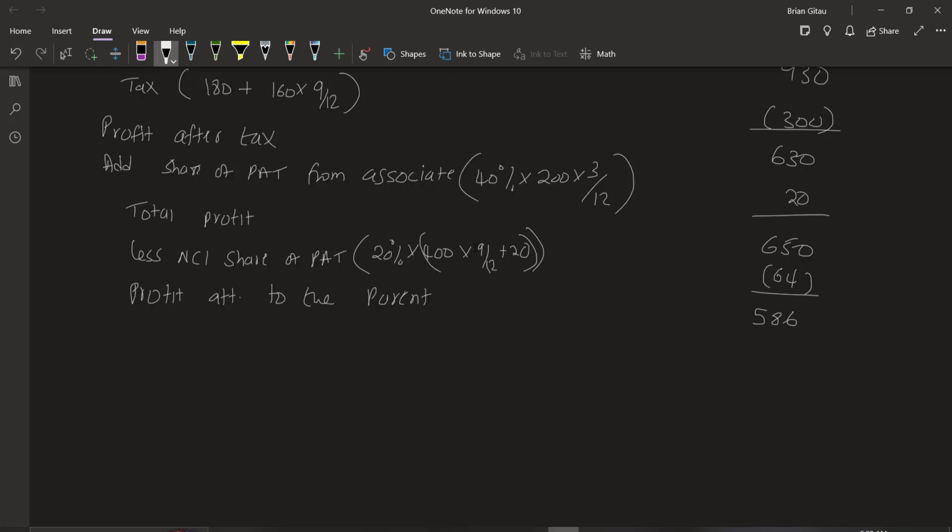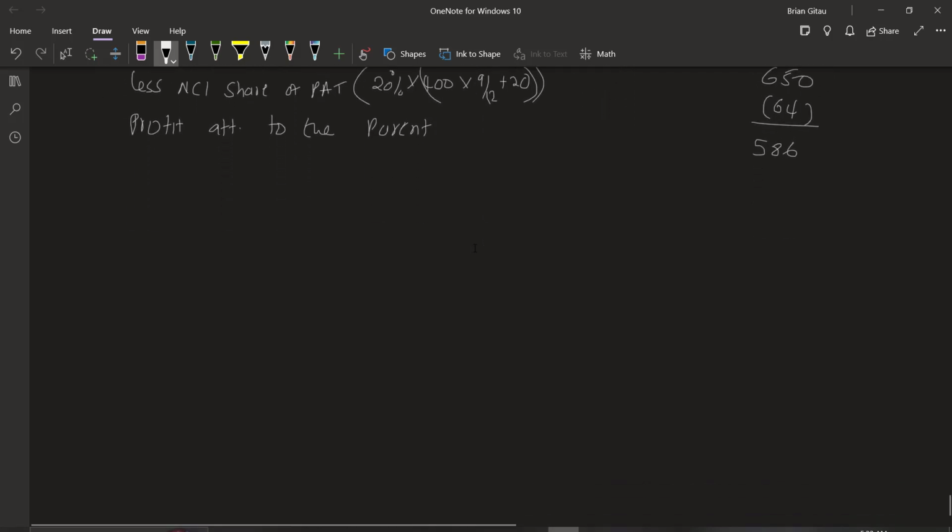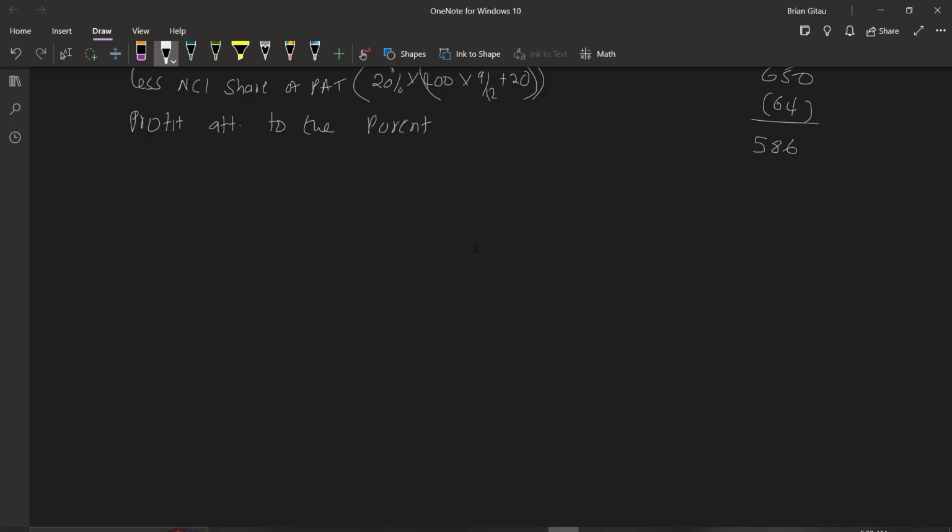Now let's go ahead and attempt the balance sheet. So we have River Group Consolidated Statement of Financial Position as at 31st March 2023.